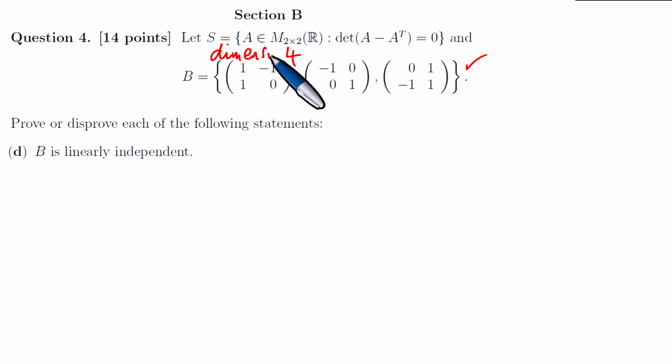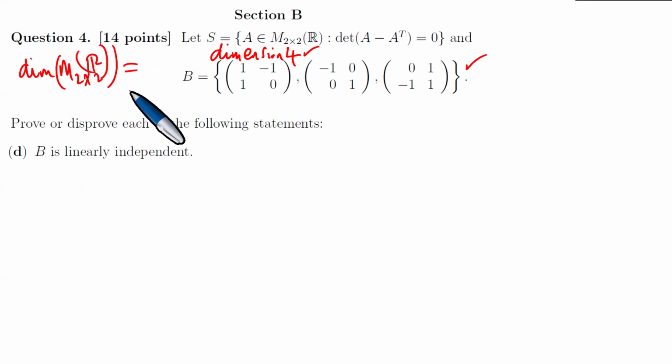The dimension of M2 by 2, the vector space of all 2 by 2 matrices, is 4.